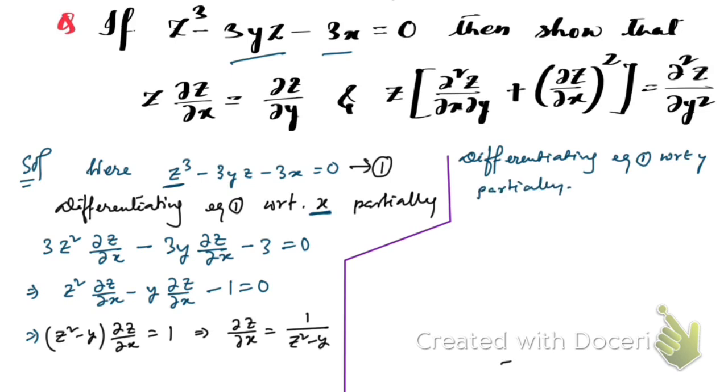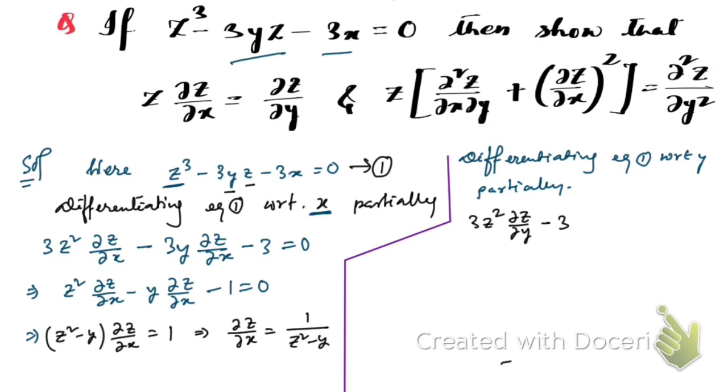Again we apply the same method. Here this is z cube, so 3z square, then del z by del y this time, then minus. Here we have to use the product rule, because now we cannot consider y as a constant, since we are differentiating with respect to y.